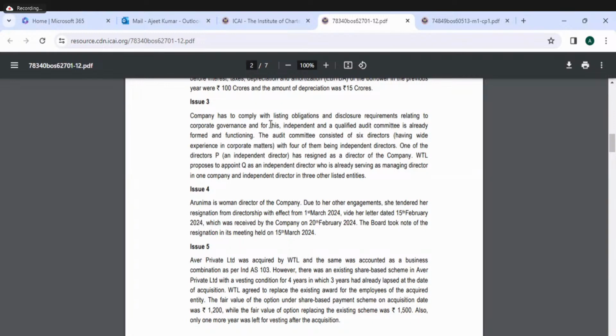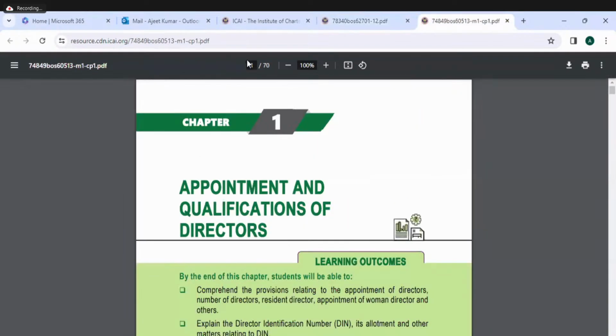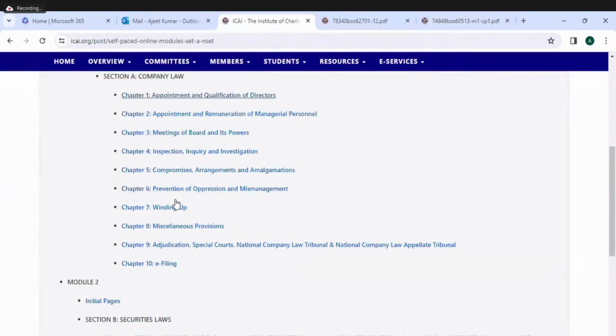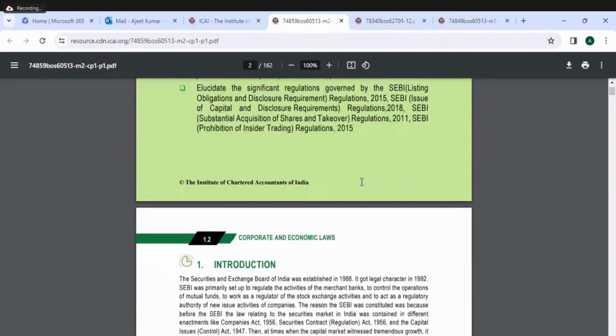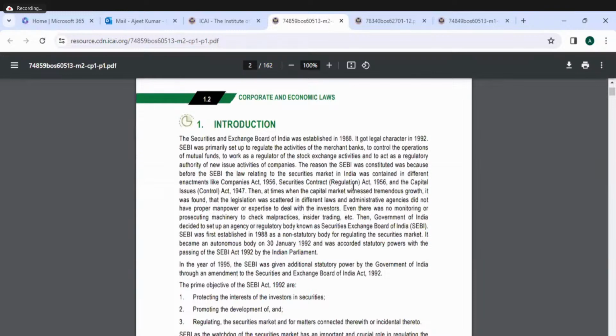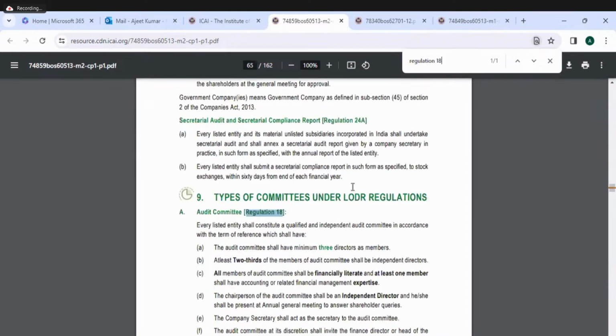So the student who knows that, yes, I have to see the LODR regulations, will go to the SEBI chapter and open the LODR regulations. I hope you are able to see.